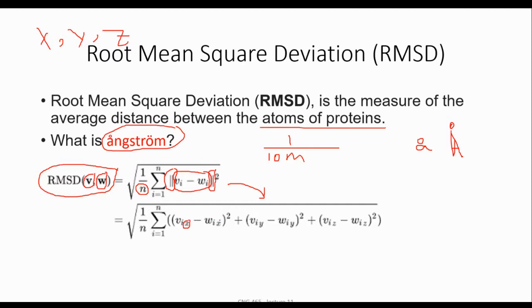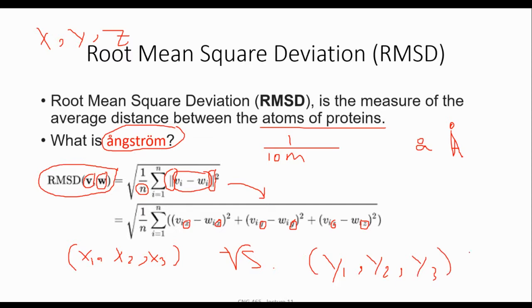So you can easily convert it to this one and say, okay, I consider X by X, Y by Y, and Z by Z. It's like comparing one atom's coordinates, x1, x2, x3, one vector, with another one inside another protein structure. So you could call it, for example, y1, y2, y3.